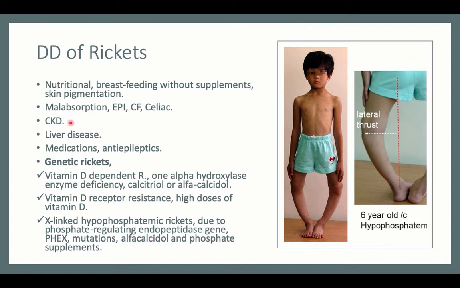Other causes of rickets may include chronic kidney disease due to failure of activation of vitamin D by the 1-alpha hydroxylase enzyme. So deficiency of the active form will be found, and so on. Continuing our investigations, the level of 25-hydroxy vitamin D will be normal, but the level of 1,25-hydroxy vitamin D will be low.